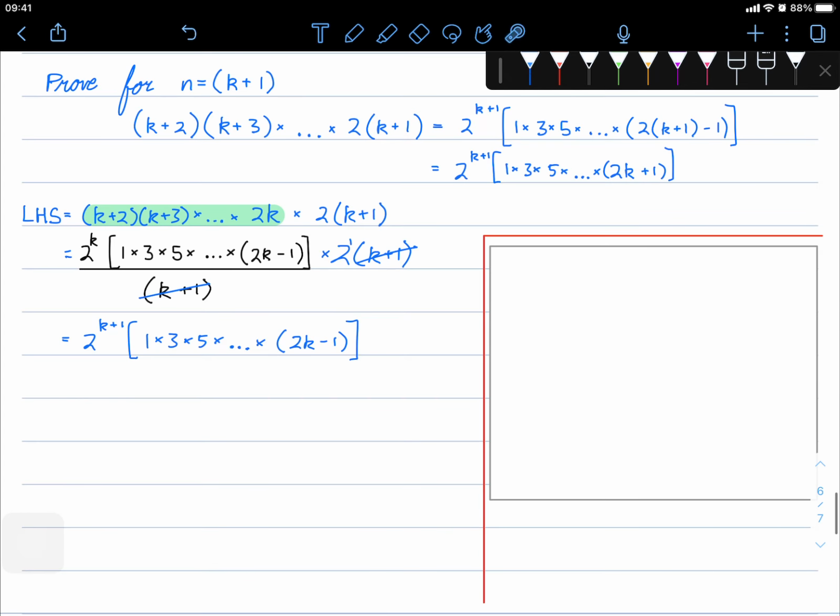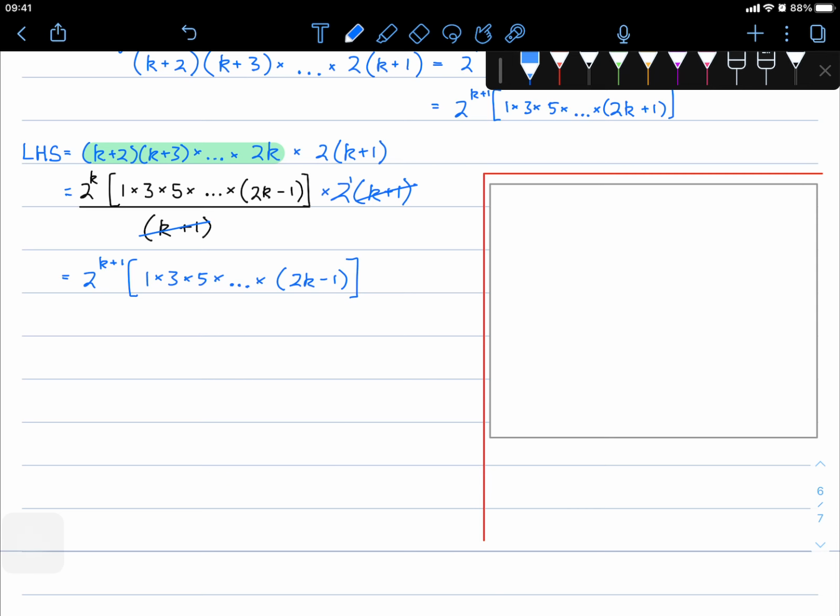However, if you take a look, this expression, well, I can't think of any way to simplify it any further, but this expression is not equal to what we needed, because we have 2k plus 1, but this is 2k minus 1. So we can say that this is not equal to the right hand side.